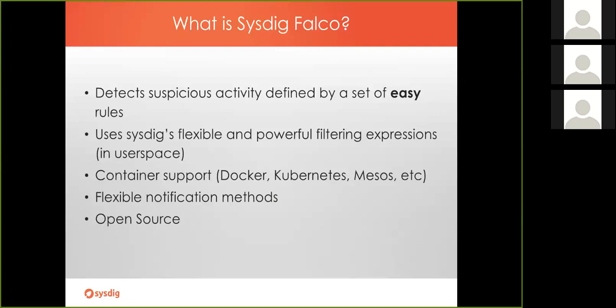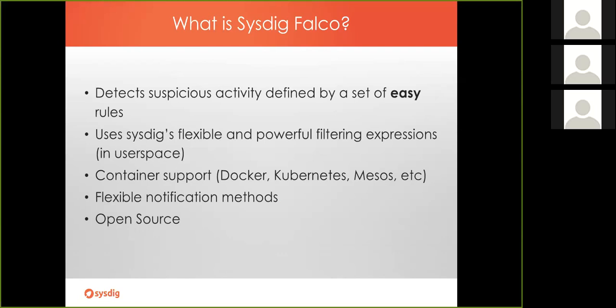We have knowledge and information of how your infrastructure is running and how you are deploying your containers. We can talk to Docker, to Kubernetes, to Mesos, to any container platform that you're running. We know how you are deploying containers there. So we can use that information inside of the rule set to define that suspicious activity and trigger alerts.